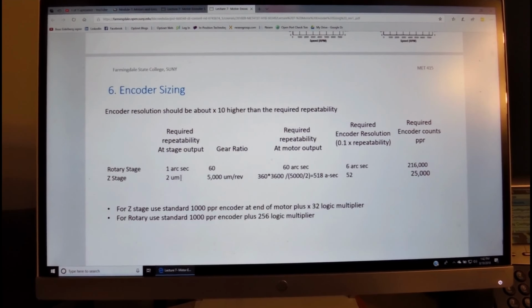For the Z stage, we can go through the same process and find out that we need 2,500 counts per revolution.